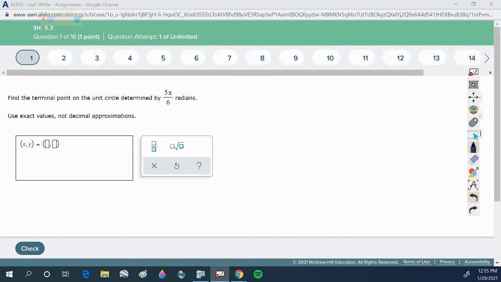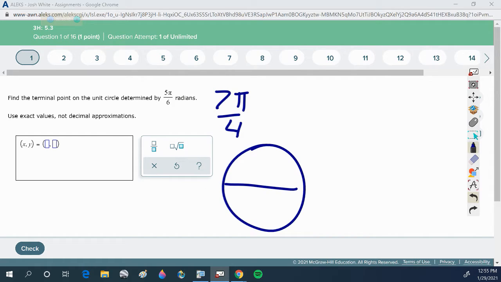Okay, what if I said 7 pi over 4? Where is that? It's in quadrant 4, closer to the x or closer to the y? It's in the middle, right? Because in fourths, 1/4, 2/4, 3, 4, 5, 6, 7.